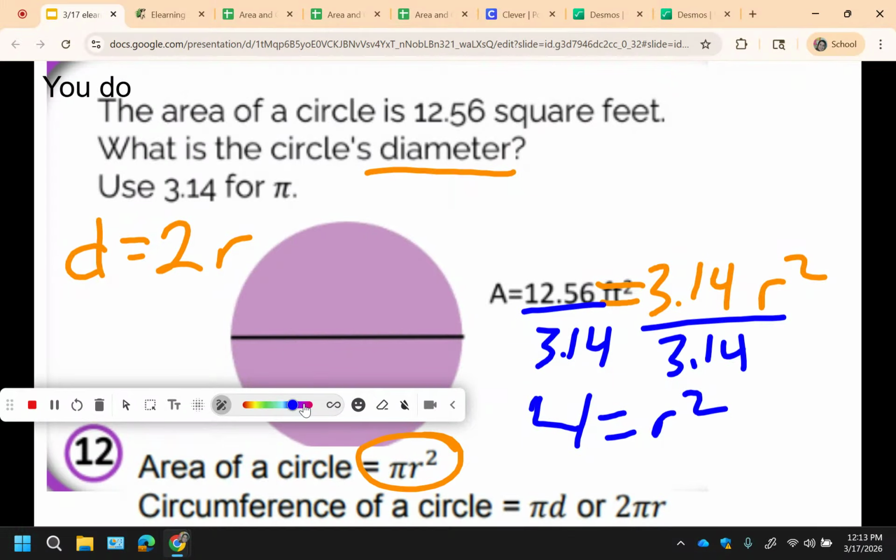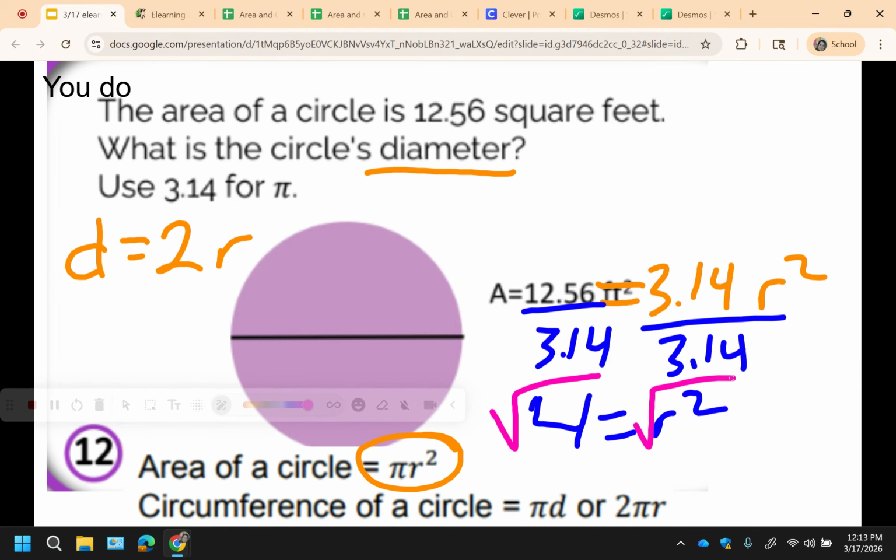Then we gotta do that little square root. Use some pink. And then for St. Patrick's Day, we gotta have some green. So the square root of 4 we already know is 2, right? But remember, that is radius. We want diameter. So to find our diameter, we gotta take 2 times 2.